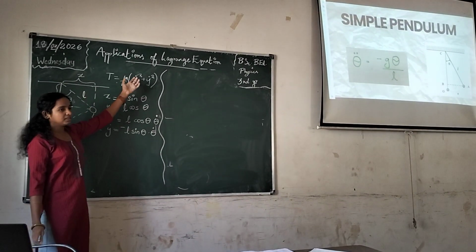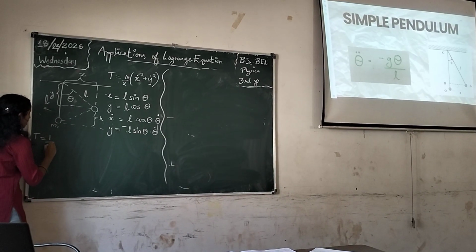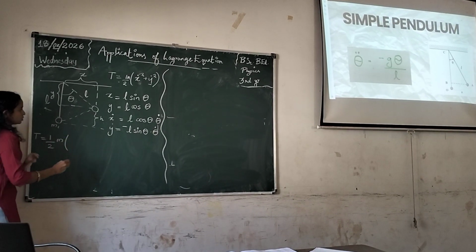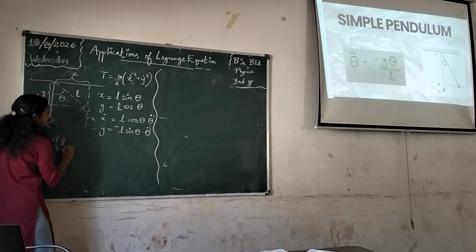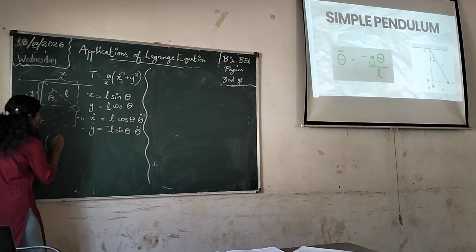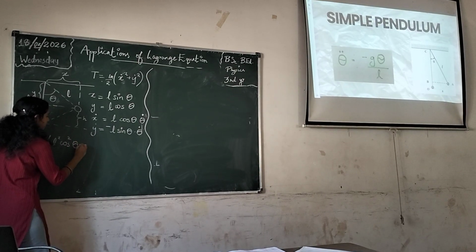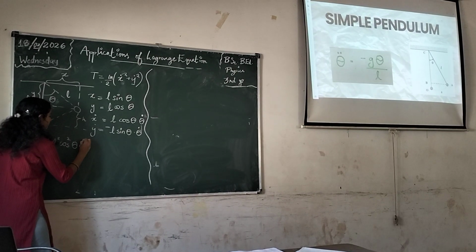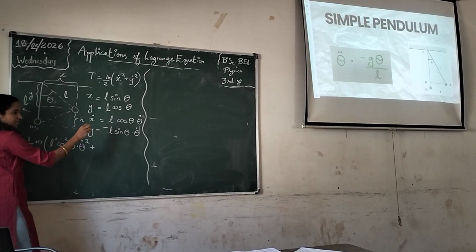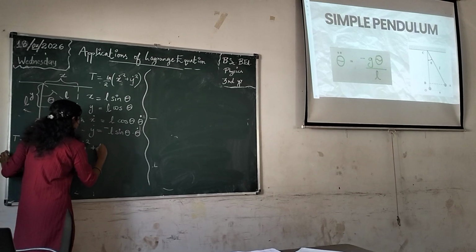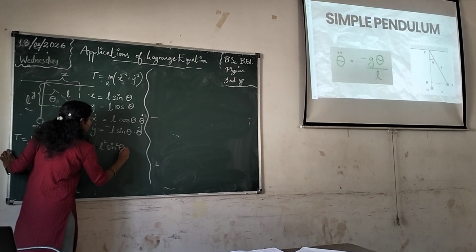So T is equal to half m into x dot square, which will be L square cos square theta into theta dot square, plus this minus will go when we square it, so L square sin square theta into theta dot square.